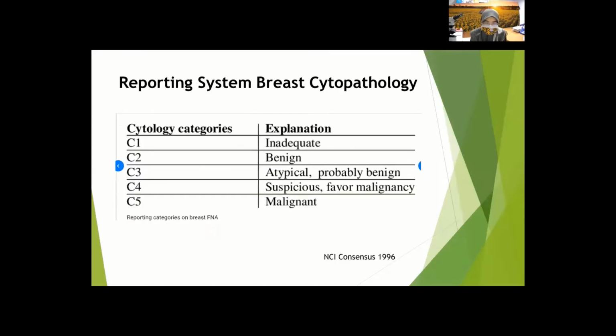So for the reporting system of breast cytopathology, this is what we are using currently, based on the National Consensus 1996, where the reporting is based on category coding. That is the code of C1 for inadequate, C2 for benign, C3 for atypical, probably benign, C4 for suspicious, favor malignancy, and C5 for malignant.